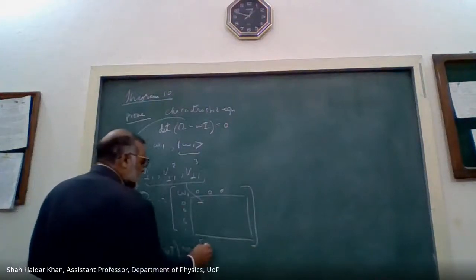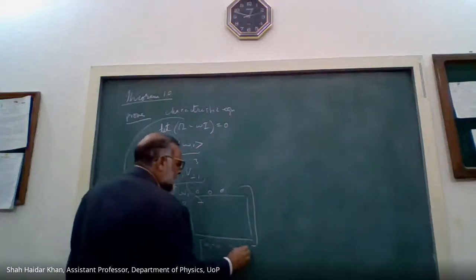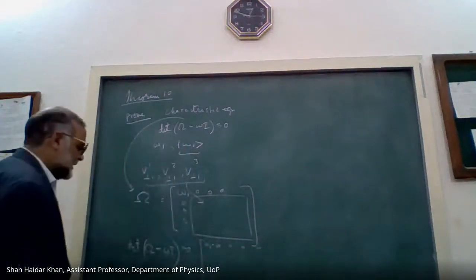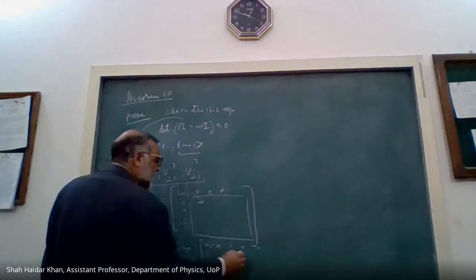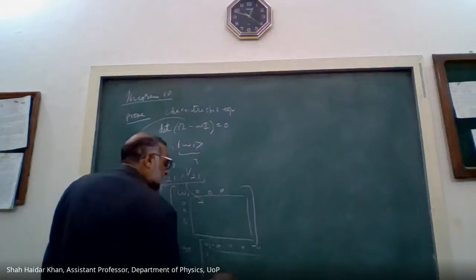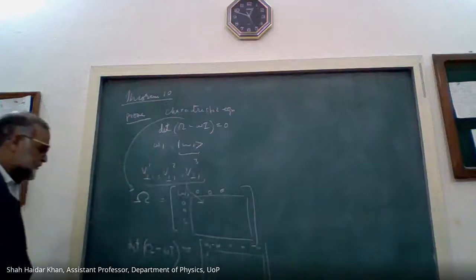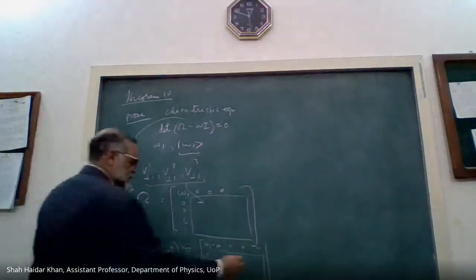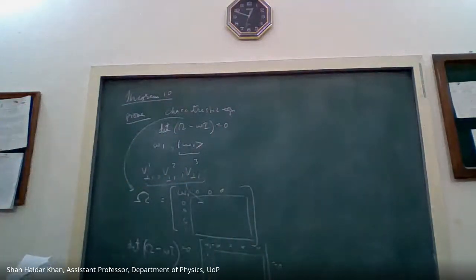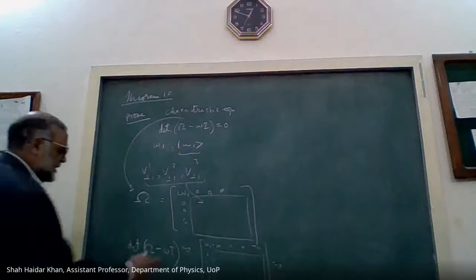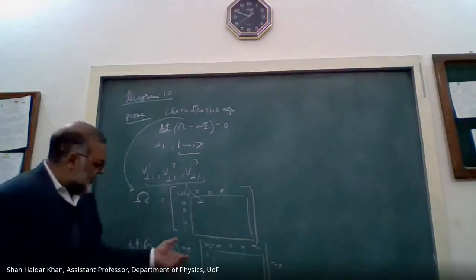Of this. And that would be omega 1 minus omega, right? 0, 0, 0, right? And 0, 0, 0, etc. And that stuff, the remaining box, that is equal to 0, right?